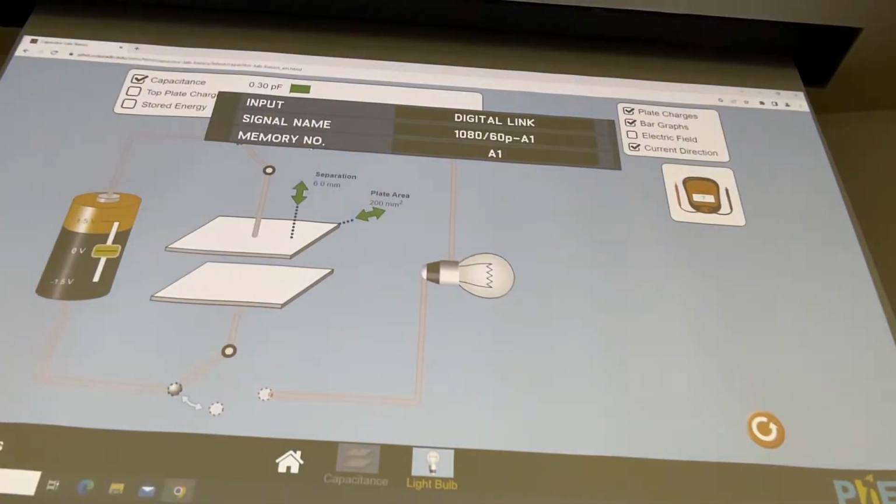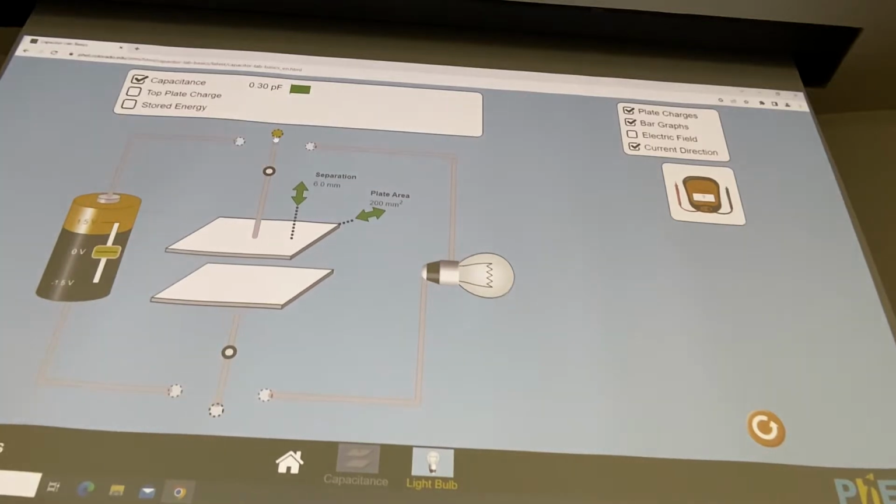And we just want to take a look. This PhET simulation is not bad for looking at what happens in these kinds of circuits. So I'll start with nothing connected. I've got a capacitor here. I've got a light bulb here. The light bulb is going to act like a resistor. And then my battery here is my source of potential.